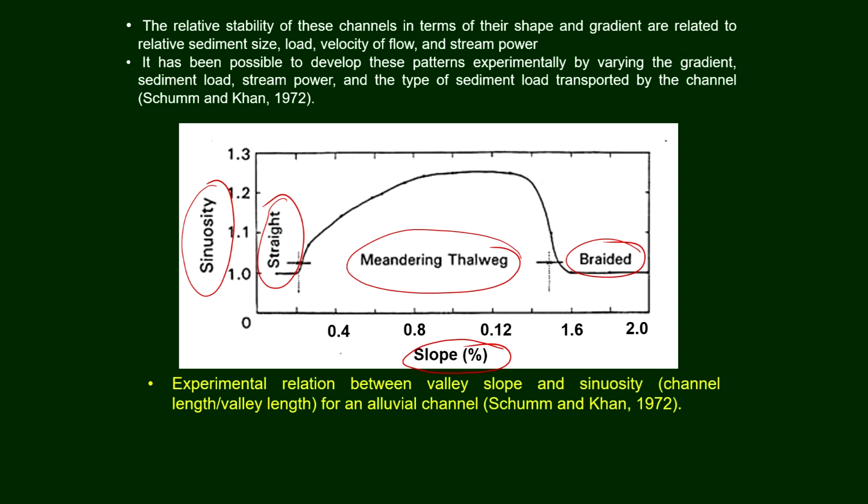It has been possible to develop this pattern experimentally by varying the gradient, which is the slope, sediment load, and stream power, which is related to the velocity of the water and the type of sediment load transported by the channel.